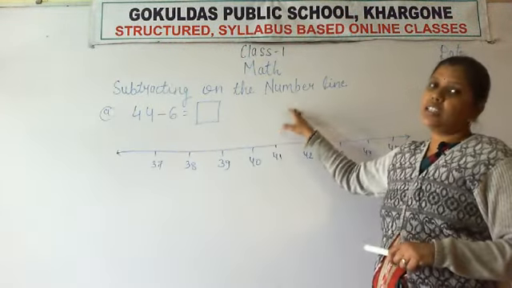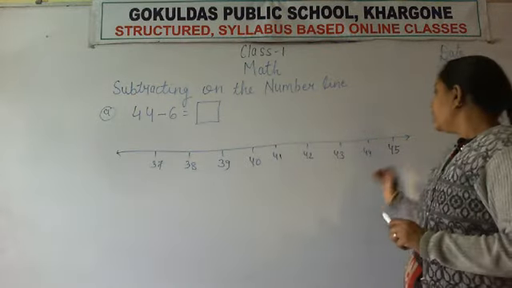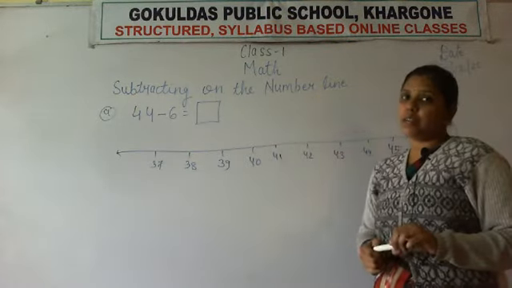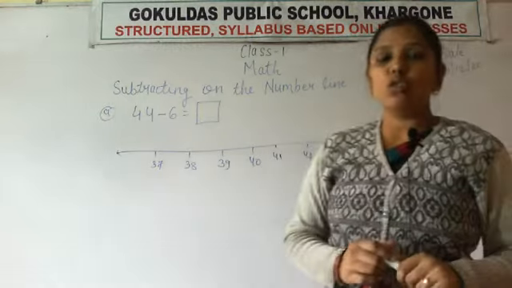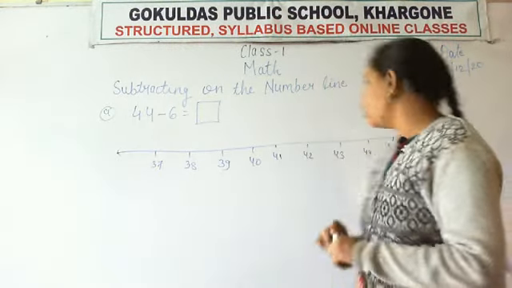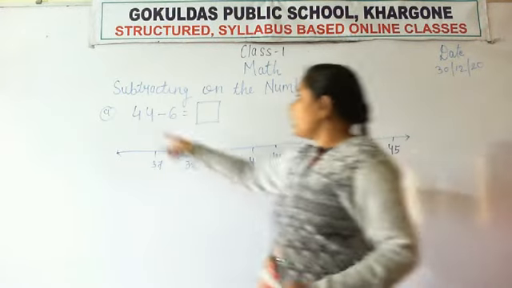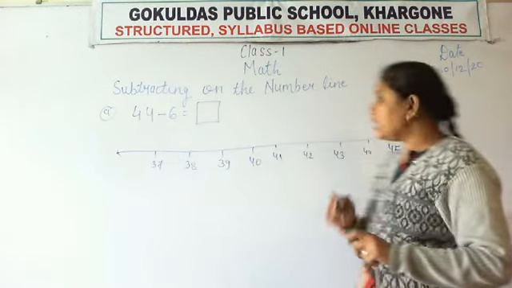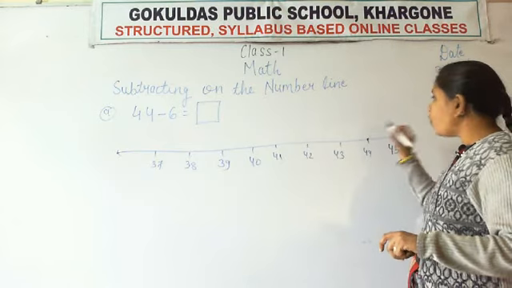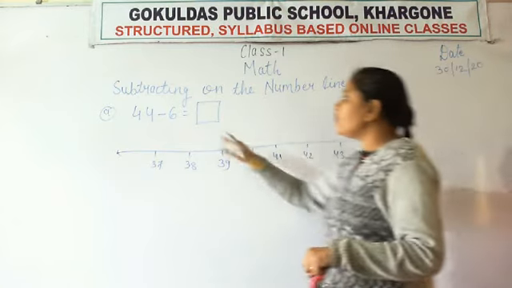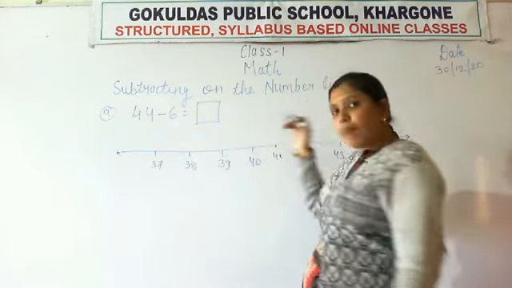In subtraction we move in the opposite direction, that means in the backward direction. So we start writing the numbers also in reverse order. 44 minus 6, that means we are on number 44 and we have to move 6 steps backward.